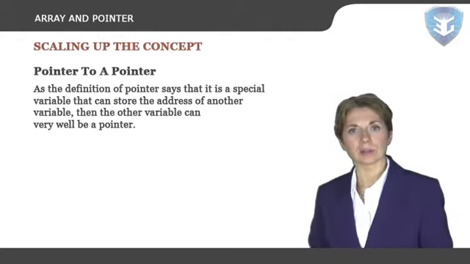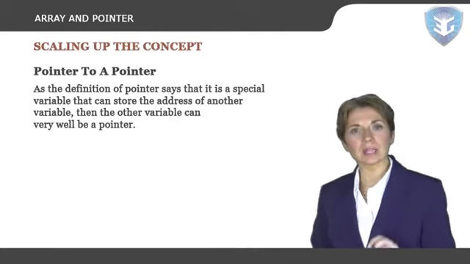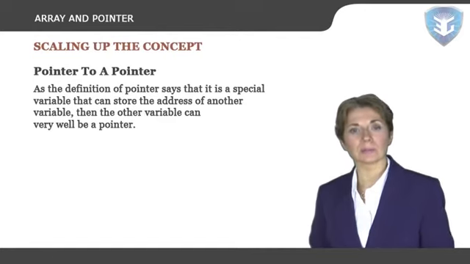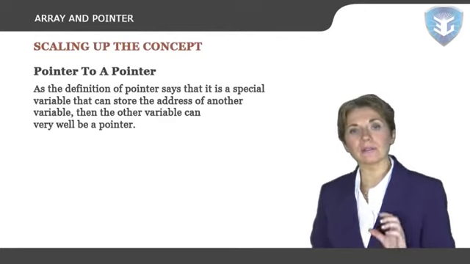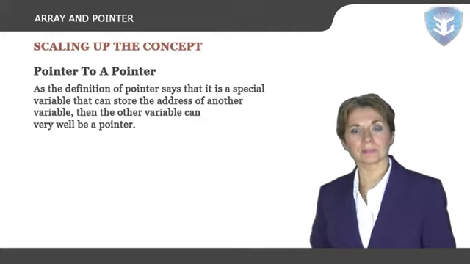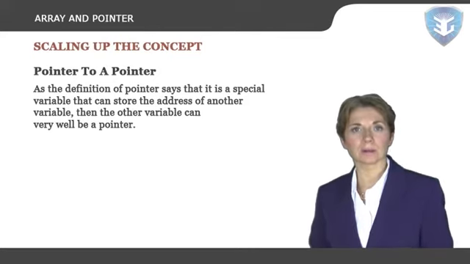Pointer to a pointer. As the definition of pointer says that it is a special variable that can store the address of another variable, then the other variable can very well be a pointer. This means that it is perfectly legal for a pointer to be pointing to another pointer.